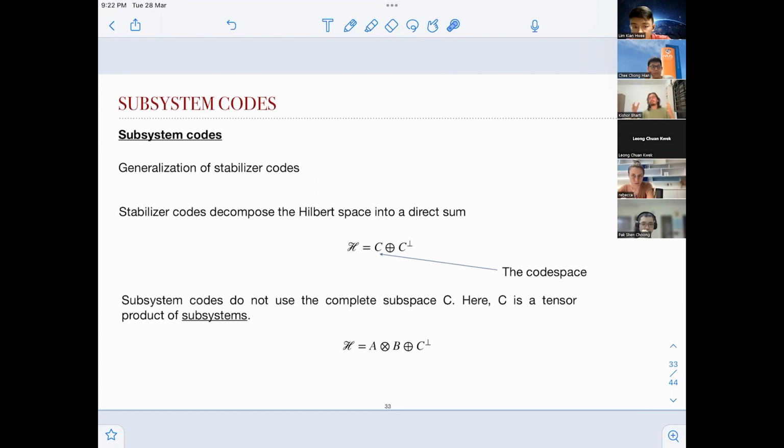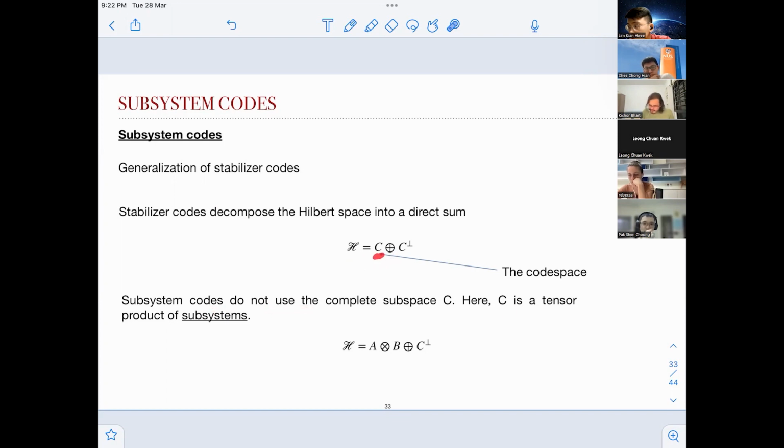Corresponding to that, you have a big Hilbert space, and the stabilizer codes break that Hilbert space into a direct sum, where you have a code space, and everything else is the error space, and whenever your state goes outside the code space, you bring it back.